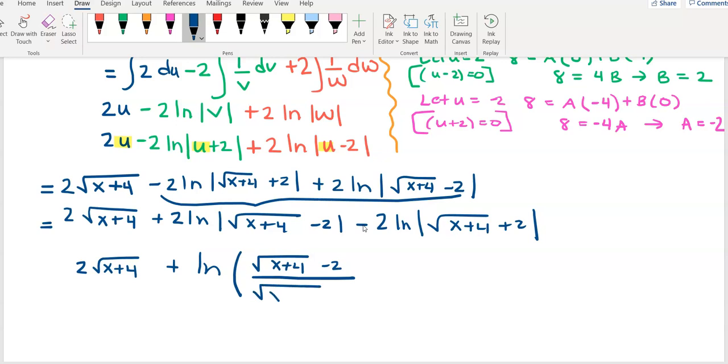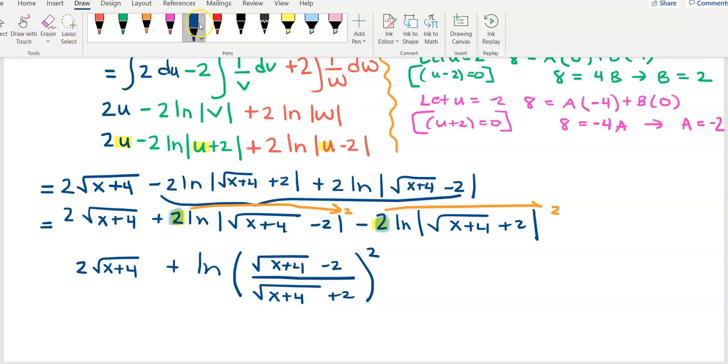It's the square root of x plus 4 plus 2. And I'm going to put a squared there. And if you remember, when you have a coefficient of a 2, that little guy can pop back up as an exponent. So he can actually come back here and become a little square. So that's why I'm raising it to the second power.